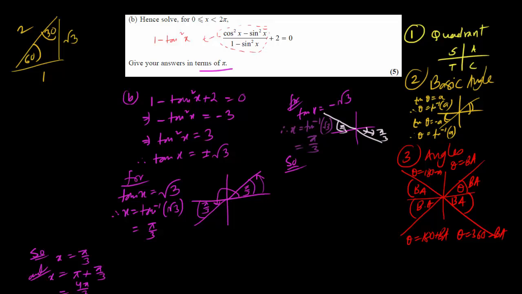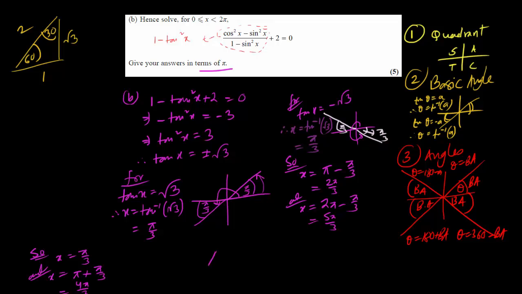So we can write x equals 180 minus the basic angle, since it is in radians, pi minus pi by 3, and this turns out to be 2 pi by 3. Then x equals 360 minus the basic angle in the fourth quadrant, so it would be 2 pi minus pi by 3, which is 5 pi by 3.